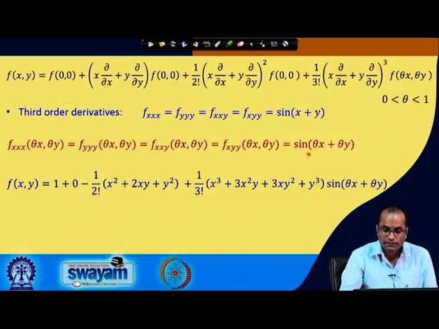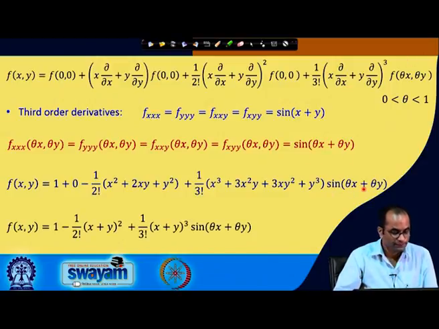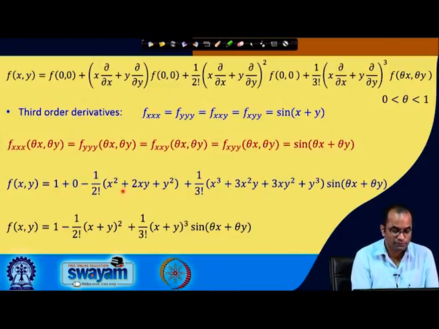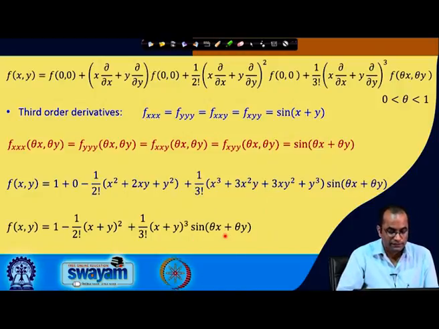After simplification we get 1 minus (x plus y) whole square, then (x plus y) whole cube, and then sin(theta x plus theta y), because it was common in all.